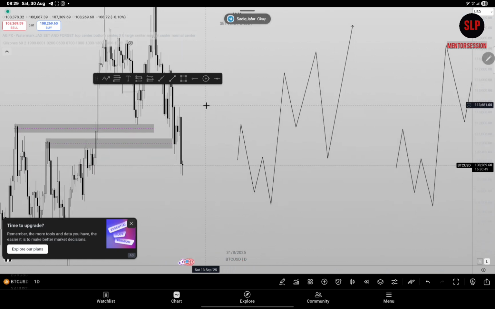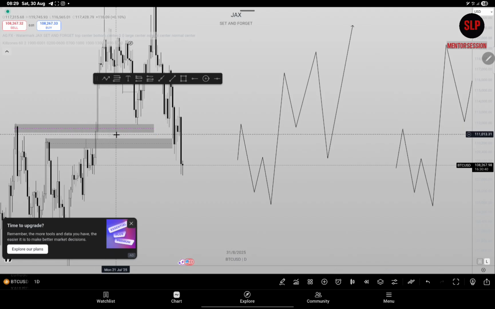But something else you need to consider is that even if price has already tapped into the second breaker block, which is this, and started moving to the upside, then we had a reversal, and it's coming back down.